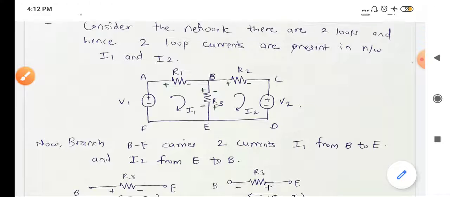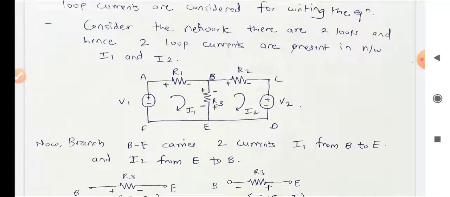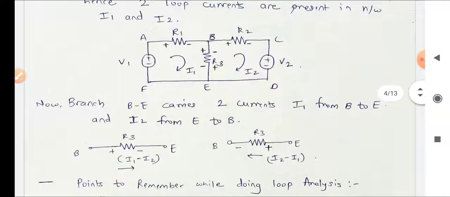In these loops BE is a common branch. For BE we are going to find the total current associated with that branch. While considering loop 1, I1 is the main current in loop 1 and I2 is also associated with R3.